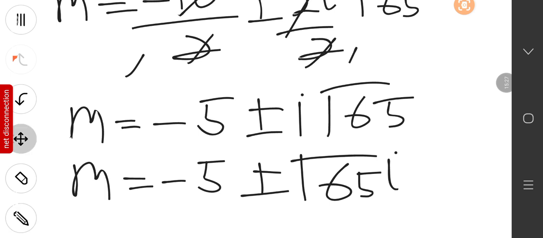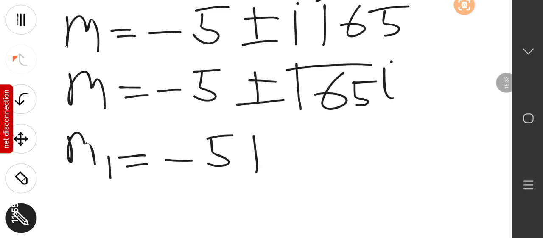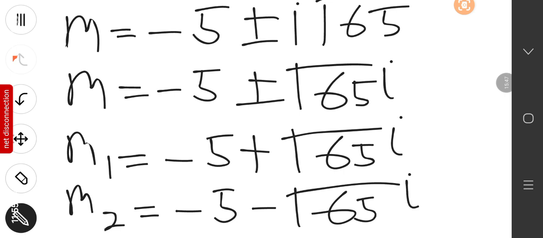All right, now let's separate the solutions in our equation. So we can say m1 equals minus 5 plus the square root of 65 i, and we can say m2 equals minus 5 minus the square root of 65 i. Okay, so this is our solution.